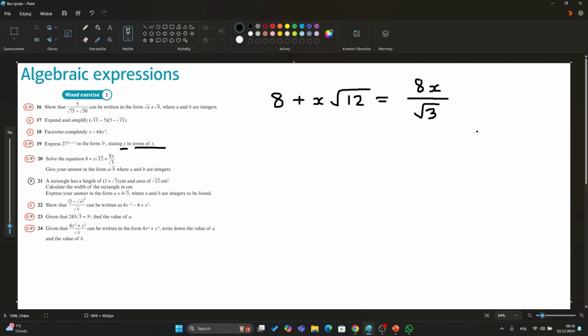Now we're dealing with this question. We need to find the value of x.